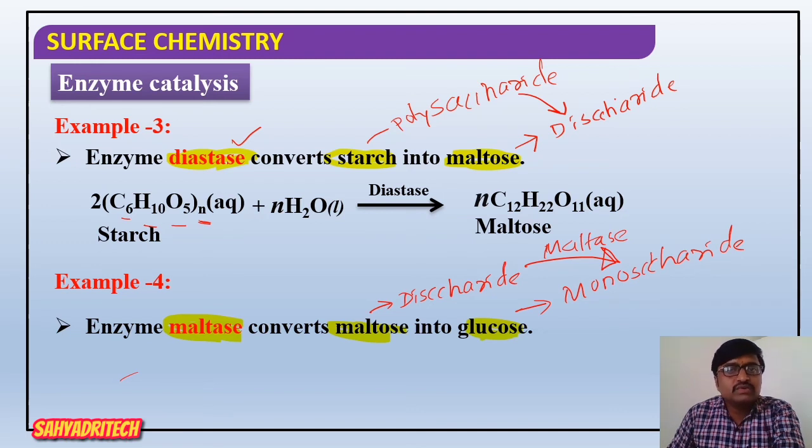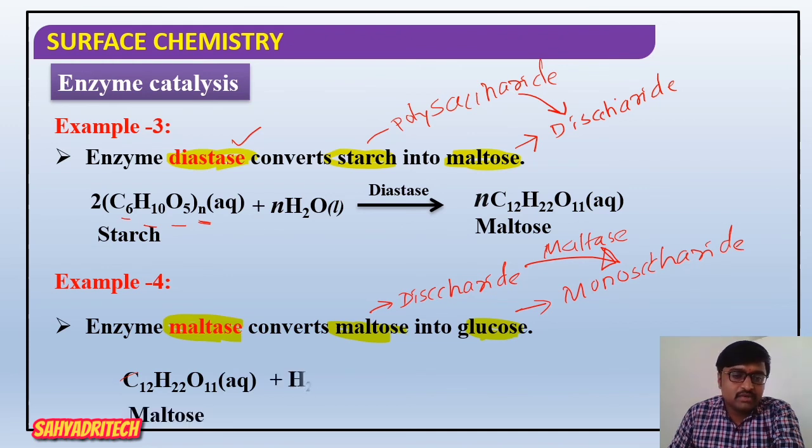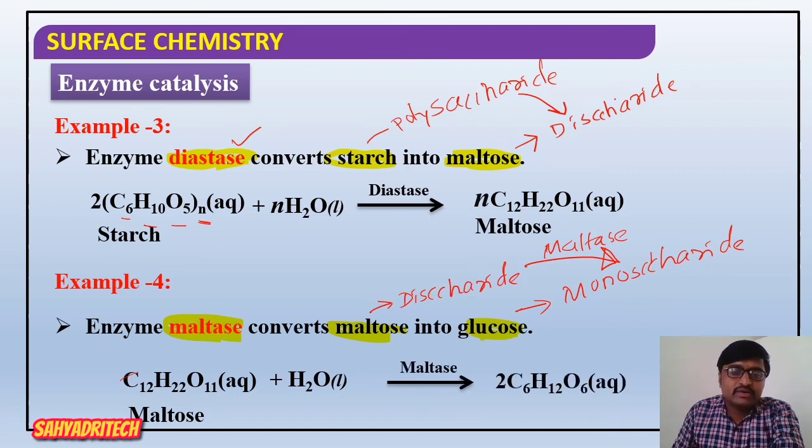The chemical equation: C12H22O11 maltose, on hydrolysis in the presence of maltase enzyme, is converted into 2 moles of glucose, C6H12O6.